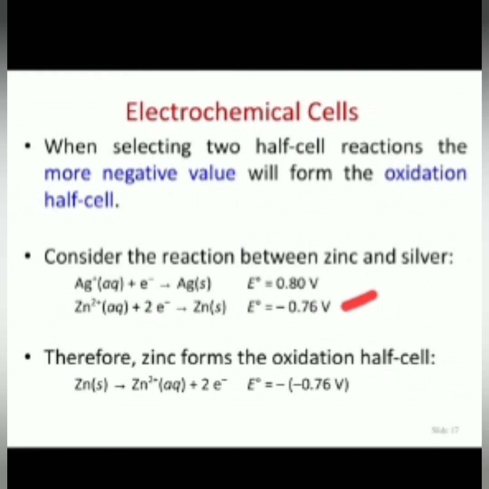The more negative value will act as the anode. Hence, here zinc acts as the anode, and at the anode oxidation takes place. Zinc will give electrons and be converted into Zn2+ ions. The value of E standard is minus 0.76 volt.